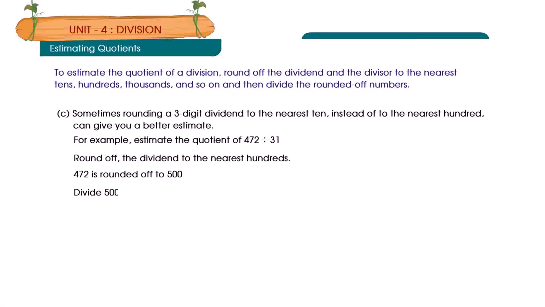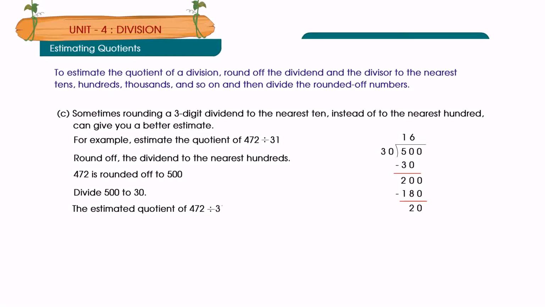Divide 500 by 30. 500 divided by 30 gives 16 as the quotient and 20 as the remainder. The estimated quotient of 472 divided by 31 is 16.